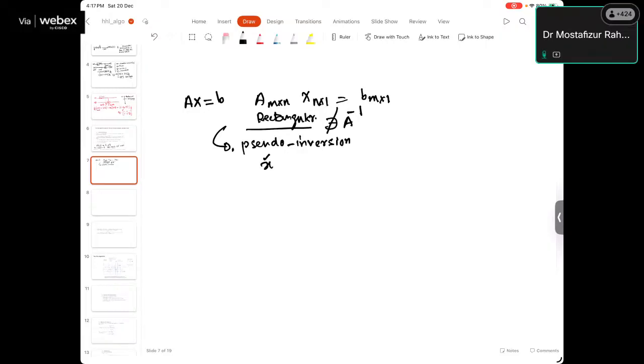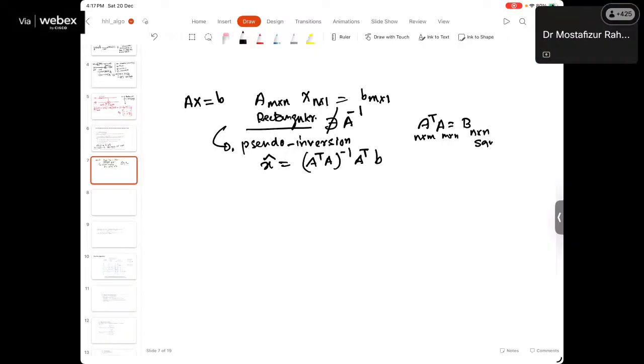And we design a solution of this kind: A transpose A, whole inverse, A transpose B, where this inversion is now done on A transpose A. A is M cross N, so A transpose A is an N cross N matrix, right?